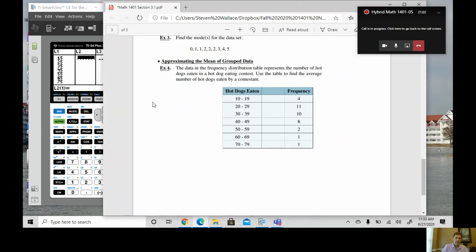All right, so let me write that here. Class midpoint is the average of consecutive lower limits.